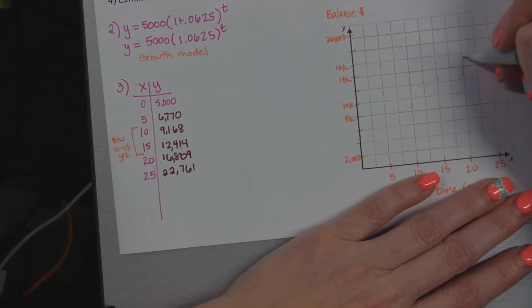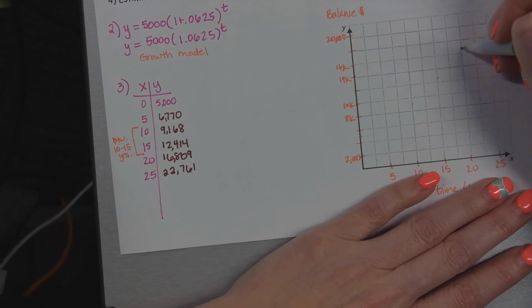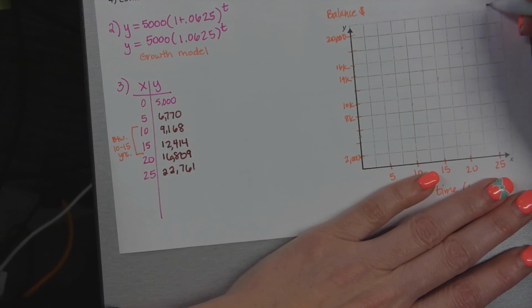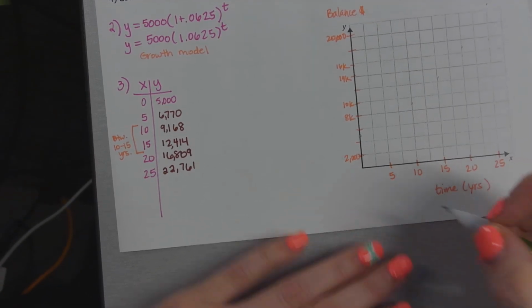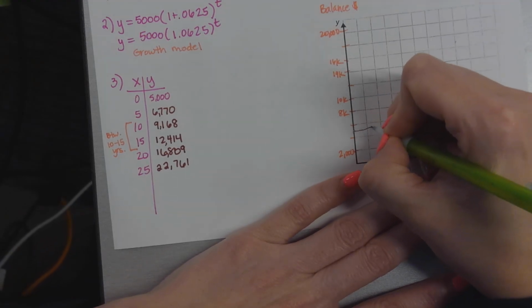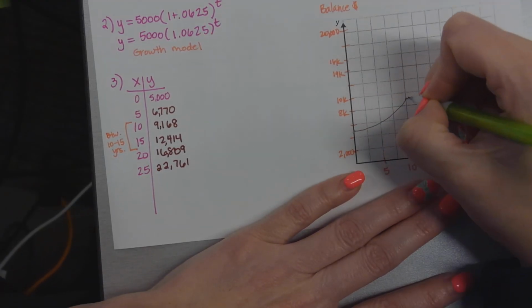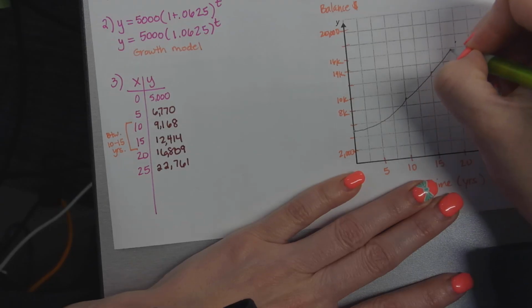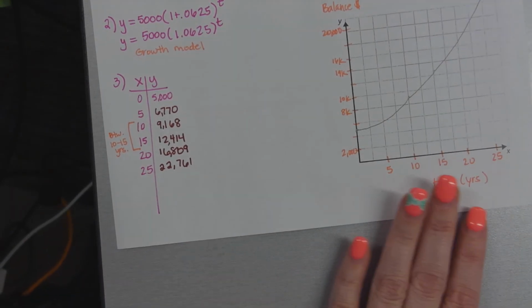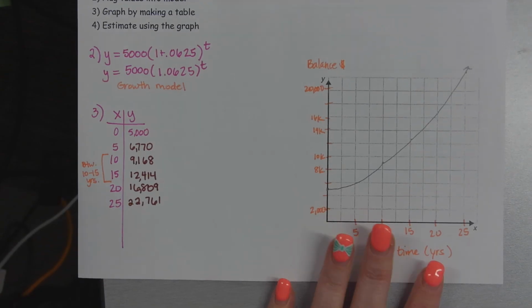At 20, I'm at 16.09, so almost 17. At 25, I'm actually really close to that 22. Okay, so that just helps me create my curve here. Okay, there is like a gentle curve that's happening on your graph.